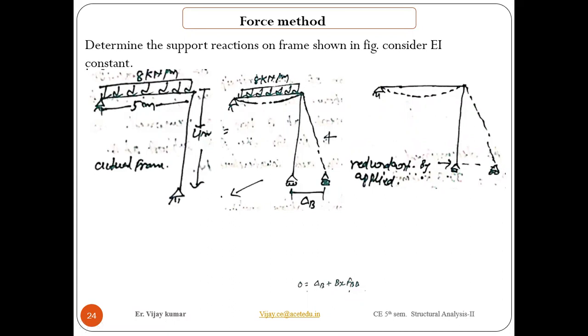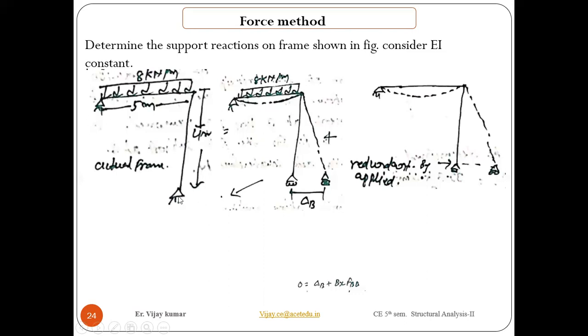Any of the support points or any of the support reactions you can release. In this case, I'm releasing one of the support reactions, making that support a roller support, meaning I allow it to deform in the horizontal direction. That redundant I need to calculate. If I am able to calculate it, then it's a determinate structure that I can easily analyze.